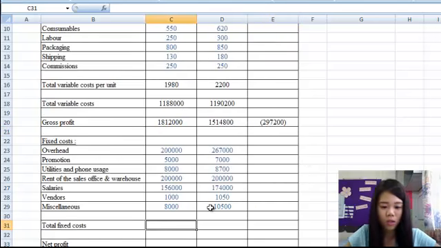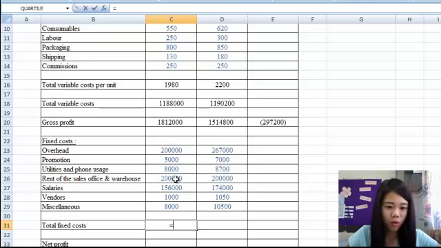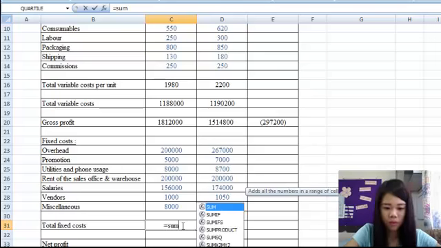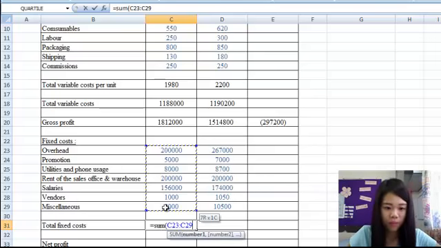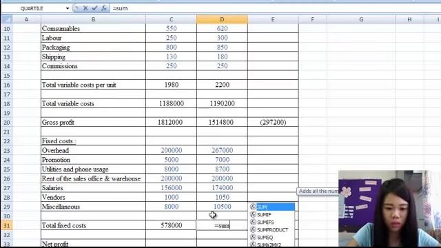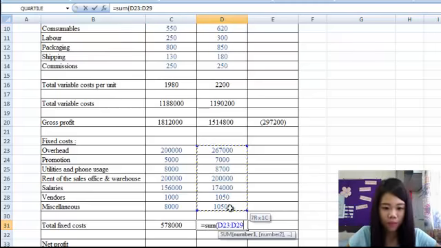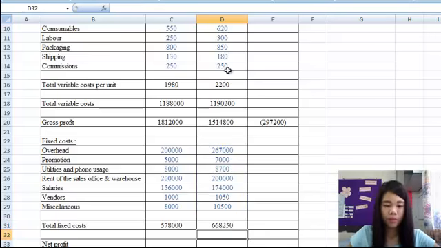The total fixed cost: again, we sum up all the total fixed costs. Highlight all the fixed costs, and same for the actual. This is the total fixed cost for budgeted, and this is the total fixed cost for actual production.